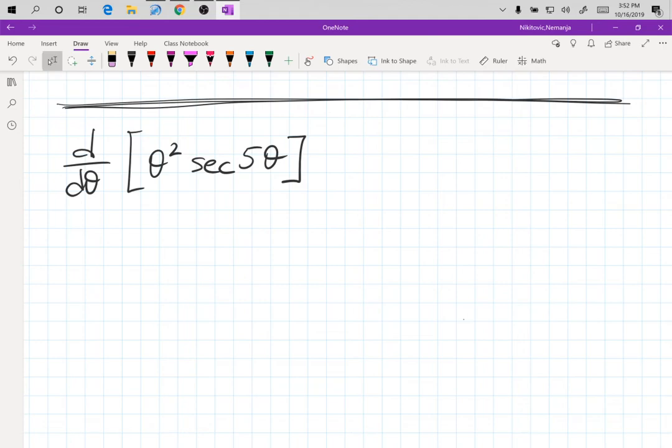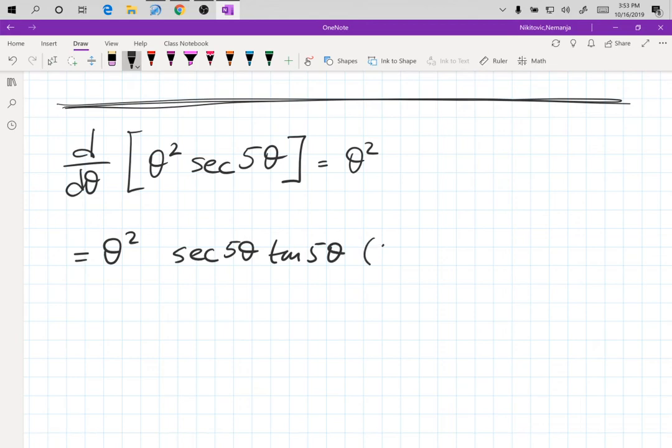So what's the rule? Product rule. Good. So copy the first, derivative of the second. What's the derivative of secant? Secant x tangent. Good. So tangent, and then we have to multiply by the chain, which is 5. Good. And then we have plus, copy the second, which is secant 5θ, times the derivative of the first, which is 2θ.